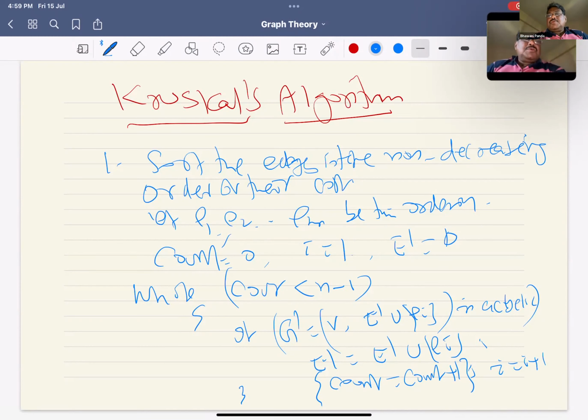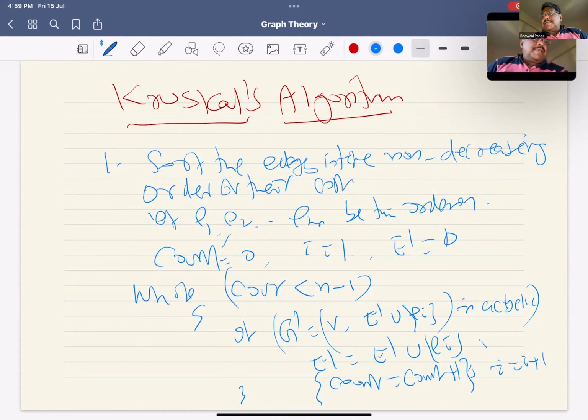Second one is, you start from E1. So far you have not selected any edge, so E1 is not going to form any cycle. So E1 will be selected. Then suppose you have considered up to E1, E2, EI, and you have selected certain edges. Now you are considering EI plus 1. If EI plus 1 is not forming any cycle with the so far selected edges, you add it, otherwise ignore it and go to the next edge.